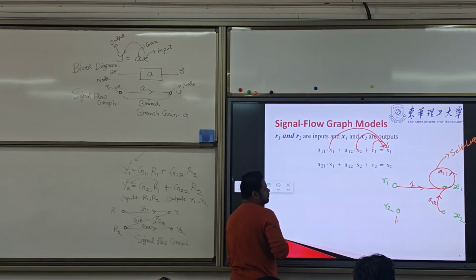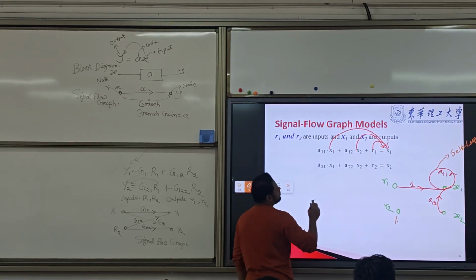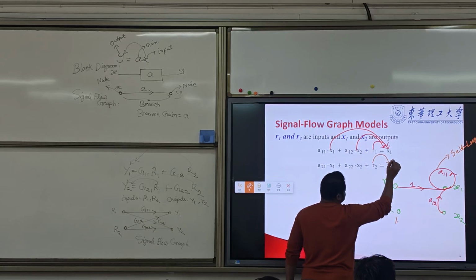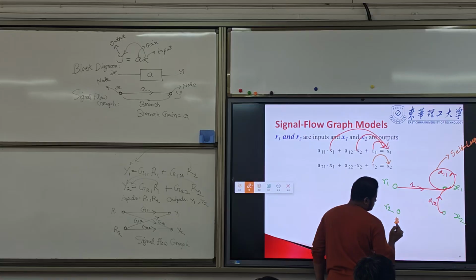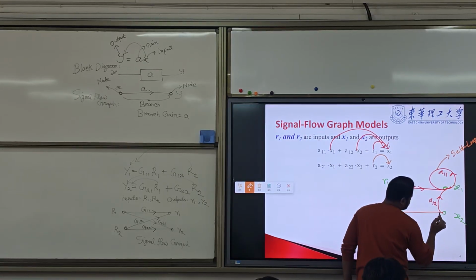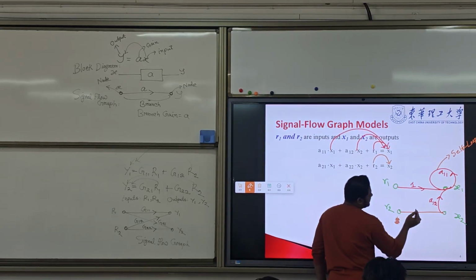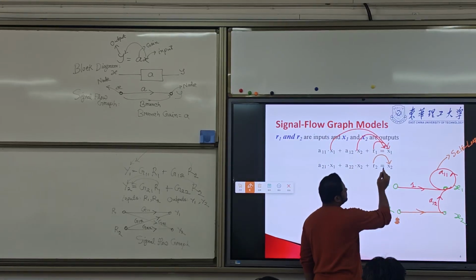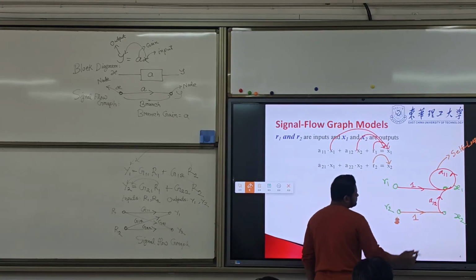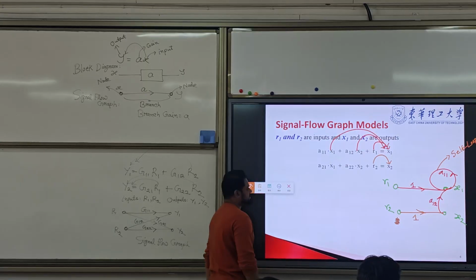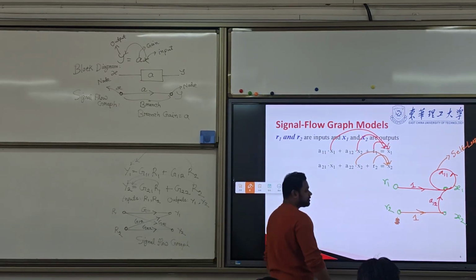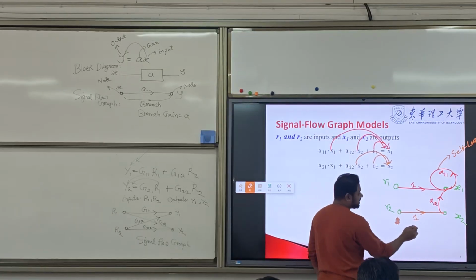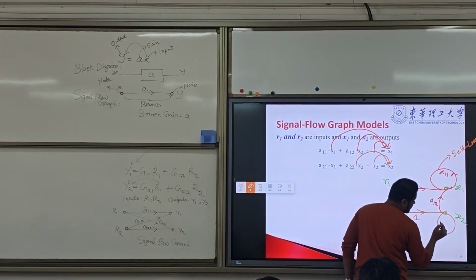Alright, now the second one. Here, R2 is flowing to X2, and this is the direction with a gain of 1. Second one, X2 is flowing to X2. Again, it starts from here and ends in the same node.